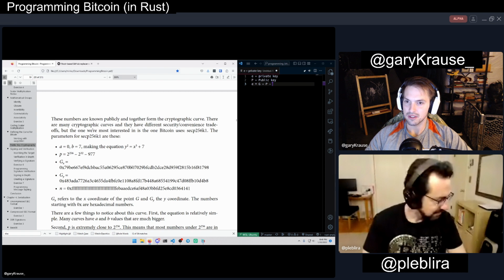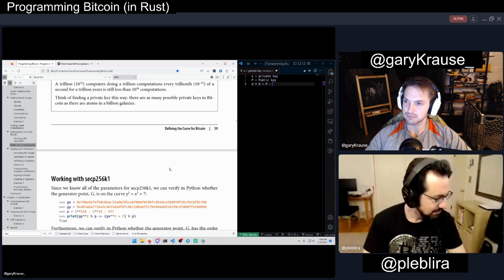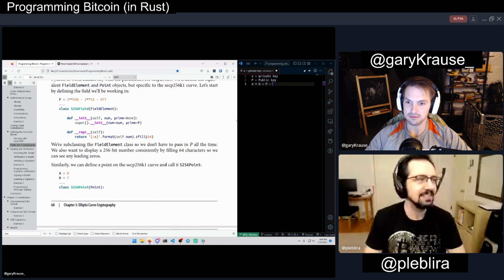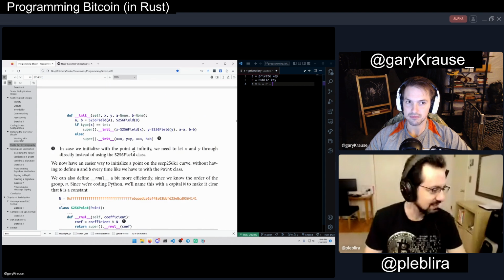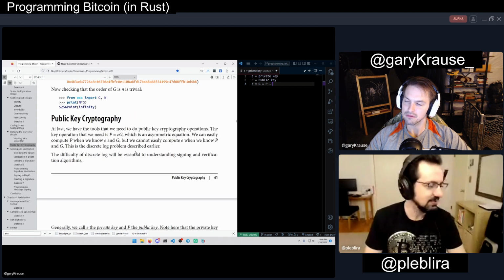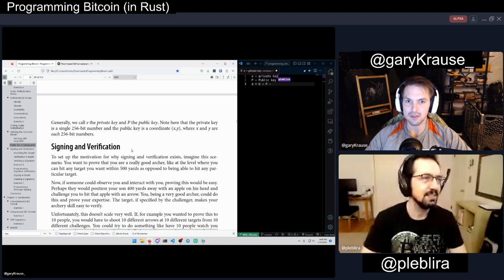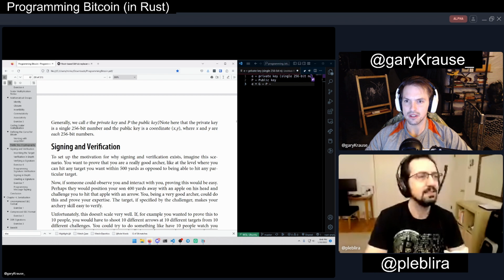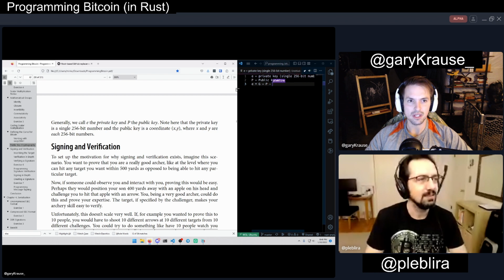And I found it interesting that for the private key it's just an integer, a single 256-bit number.